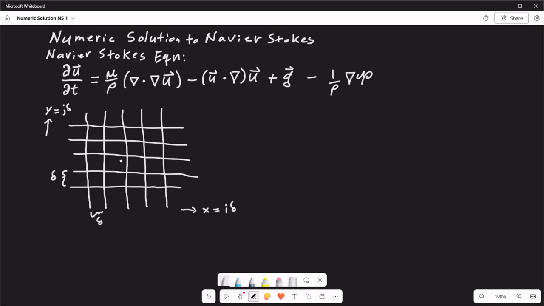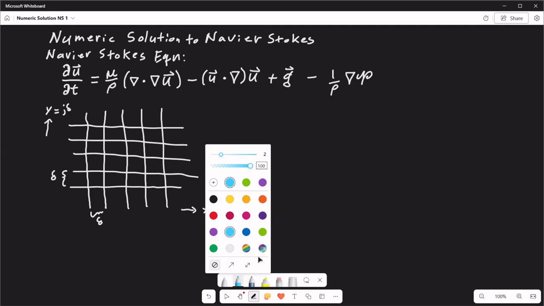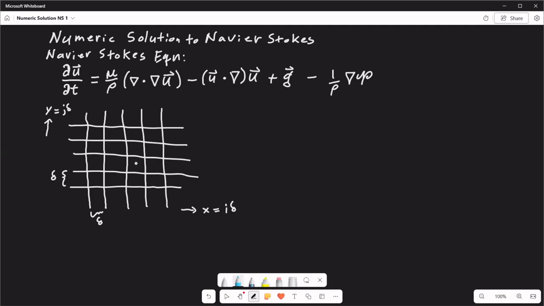And then in a given cell, any given cell can have a velocity, and that velocity is equal to the u vector, and this is for the cell ij.